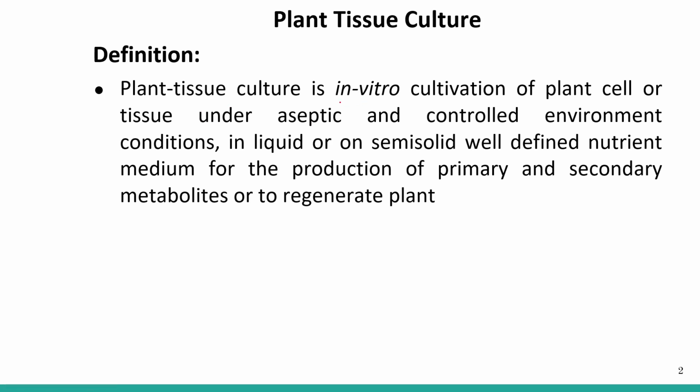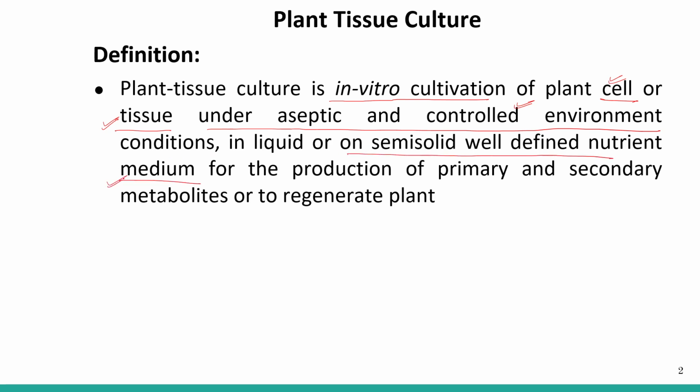Plant tissue culture is in vitro cultivation of plant cell or tissue. We are taking plant cell or tissue under an aseptic and controlled environment. This environment in which the cell or tissue is grown on the nutrient medium is totally controlled, in a liquid or semi-solid, well-defined nutrient medium.